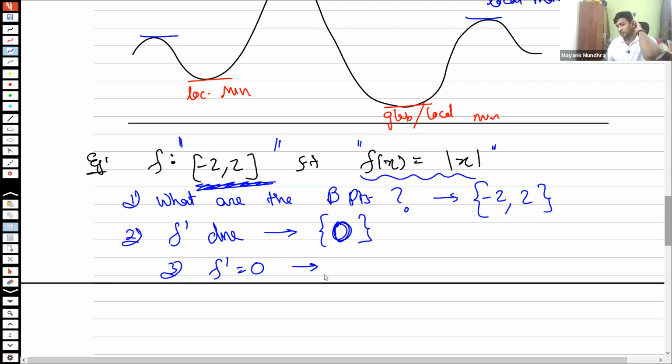What are the points at which f prime does not equal 0? So it doesn't exist. Very well said.